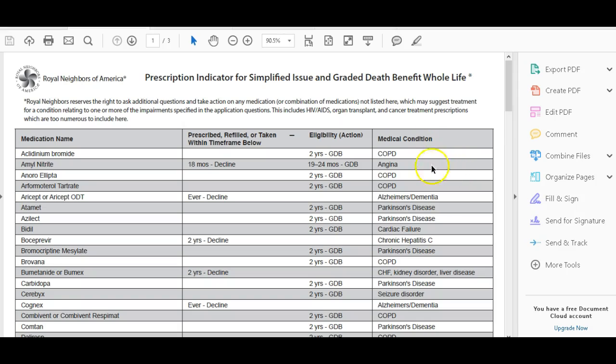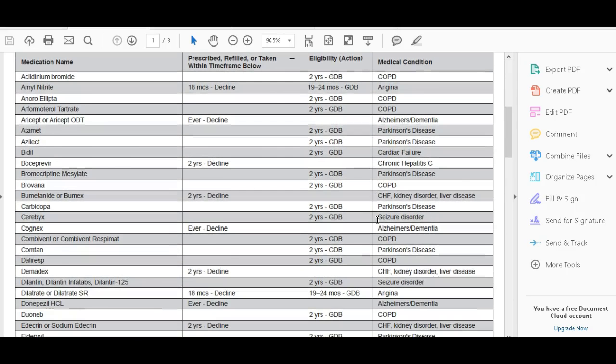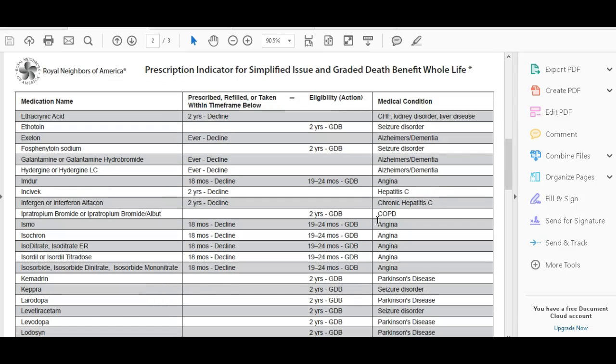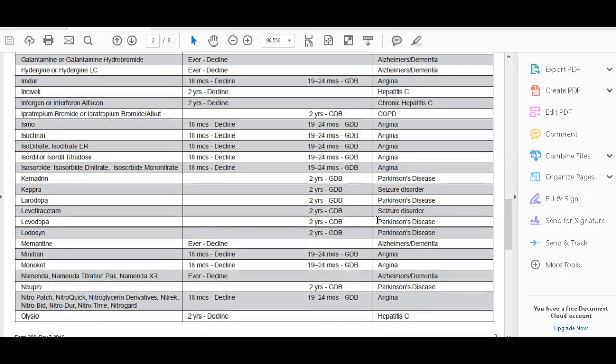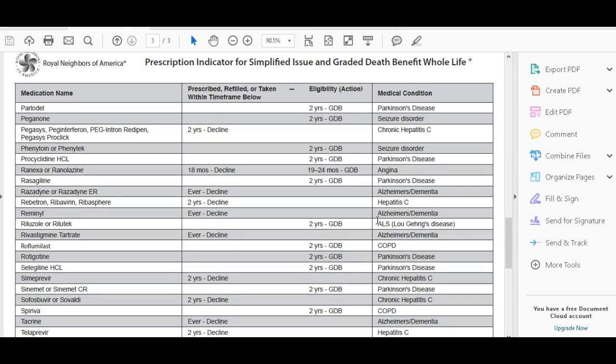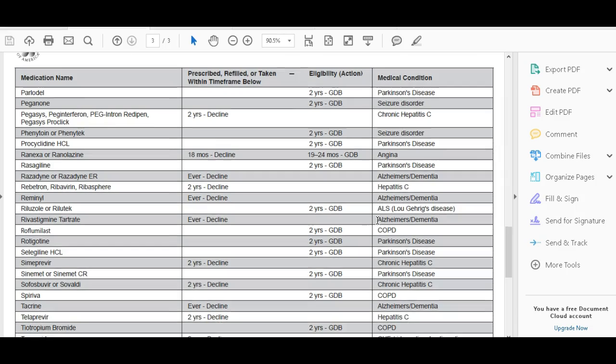Okay, now pay attention to this over here as well, because a person may take a particular medication, and they can be taking that medication for different reasons. There's some medication you'll notice with some carriers that if they're taking medication for congestive heart failure, it's a decline. If they're taking it for hypertension or high blood pressure, then they can be approved as level.